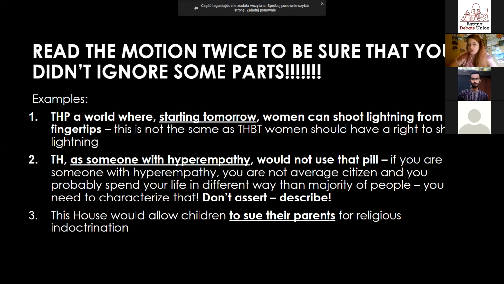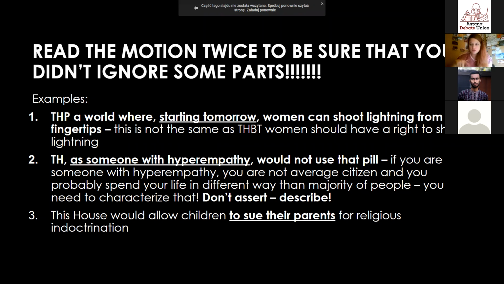The other one is, this house would allow children to sue their parents for religious indoctrination. And here is the thing: even if the government side analyzes perfectly why children should have a right to challenge their parents, why parents did a lot of damage with religious indoctrination, it's still unclear why suing the parents is the mechanism which should be implemented. So you need to be very careful what your burden is.